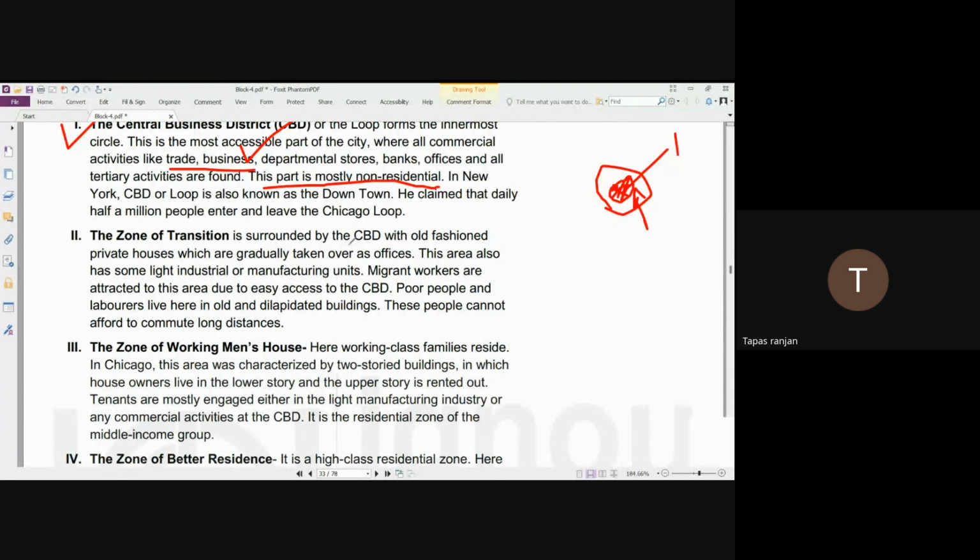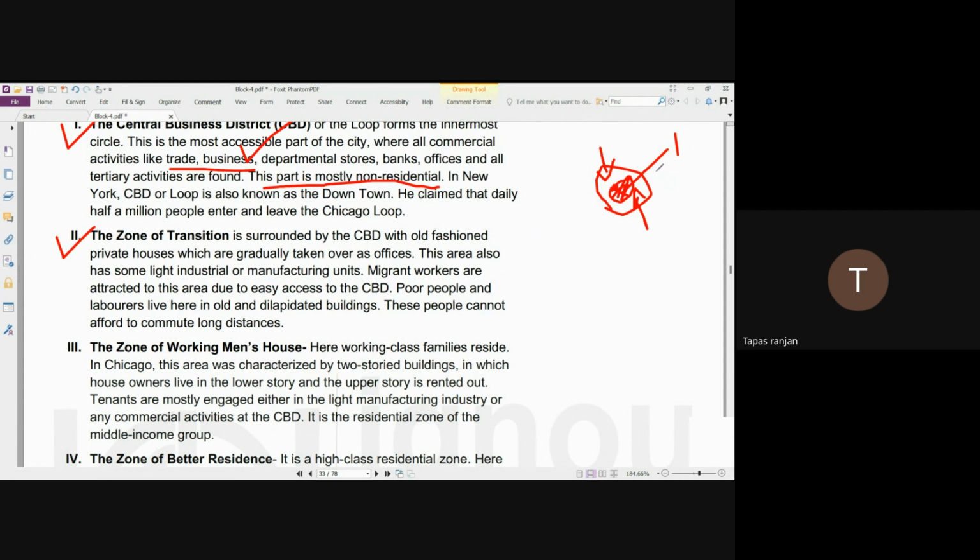Then comes the zone of transition, and these are basically old-fashioned private houses which are gradually taken over by offices, and this area also has some light industrial and manufacturing units. Although in today's world we don't find this kind of manufacturing unit set near the zone of transition, during that period when Burgess gave this theory, he observed it.